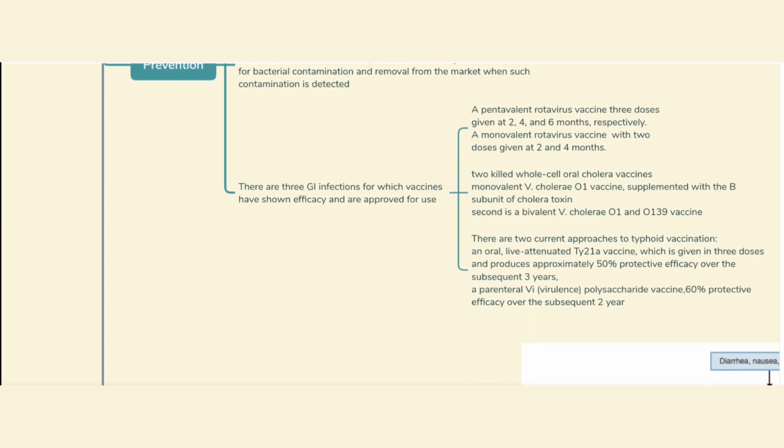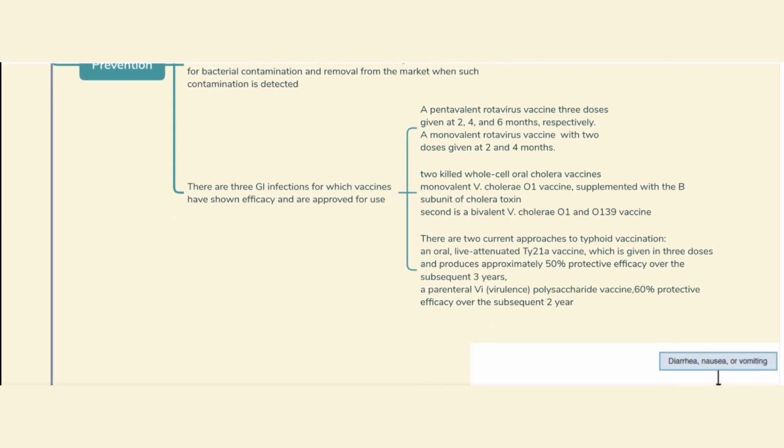Then we will have the cholera vaccine, which is a killed whole-cell oral cholera vaccine, which is the monovalent O1 vaccine supplemented with the B subunit of the cholera toxin. And the second is a bivalent vaccine with the O1 serotype and the O139 serotype.